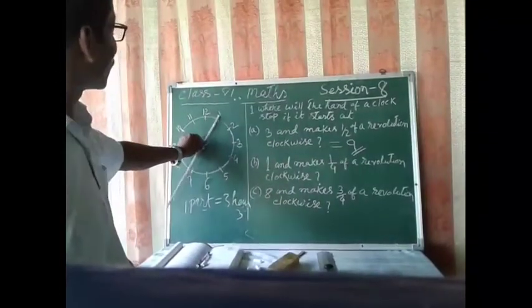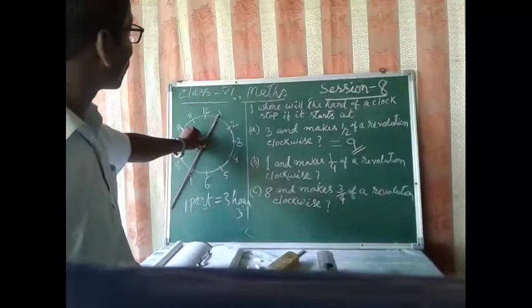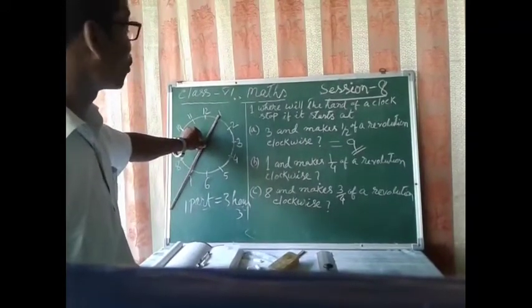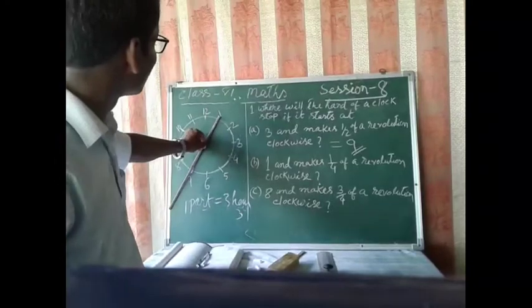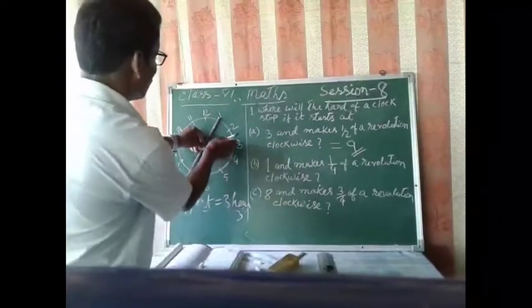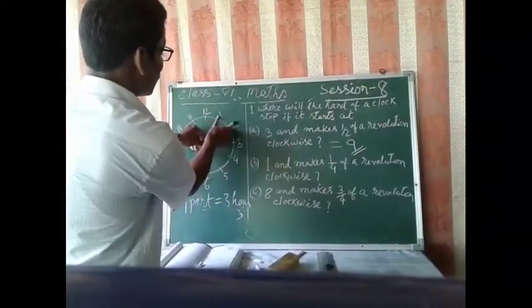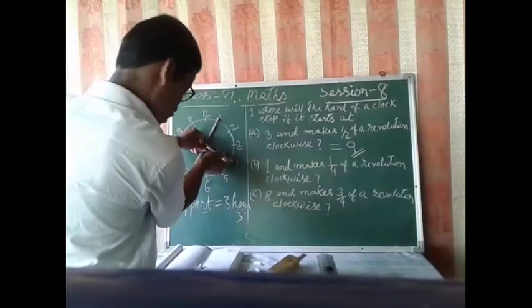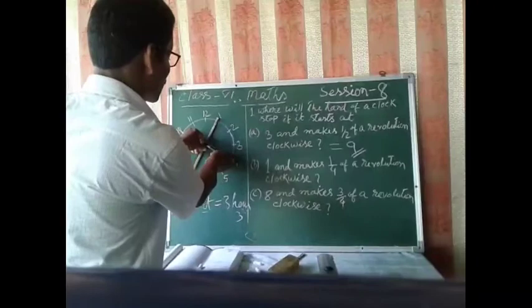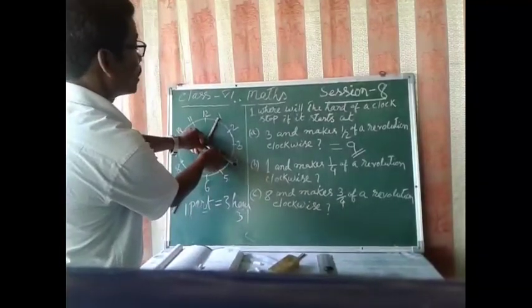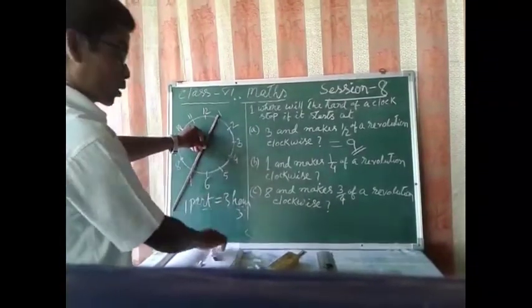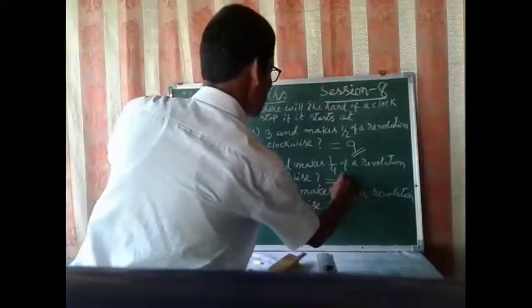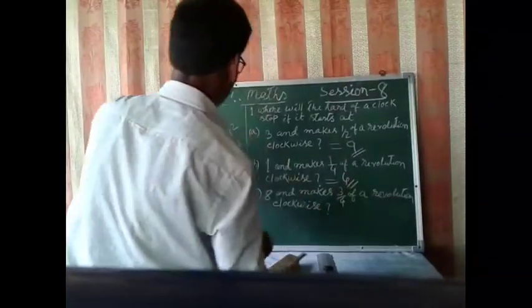So the hand of the clock starts from here. 1/4 revolution means 3 divisions. From here to there, 1 division, 2 divisions, and 3 divisions. So the pointer stops at 4. Therefore the answer is 4 o'clock.